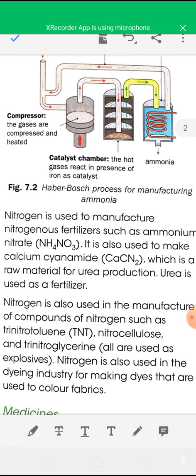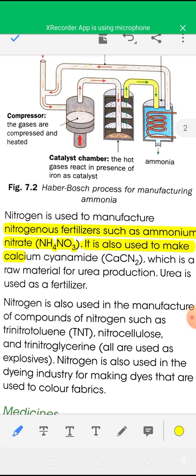Nitrogen is used to manufacture nitrogenous fertilizer such as ammonium nitrate. It is also used to make calcium cyanamide, CaCN2, which is a raw material for urea production, and urea is used as a fertilizer.